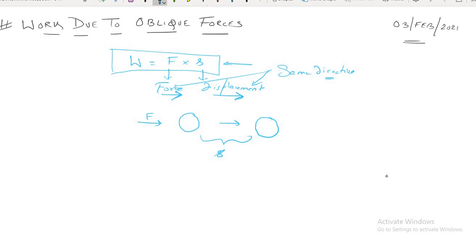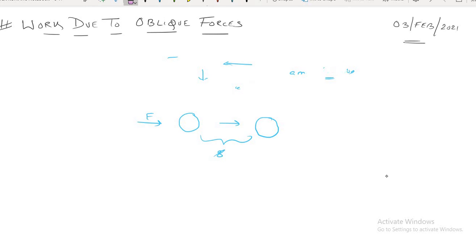Now, every time this type of situation will not arise. That's not true. Let's take an example of a different situation where force and displacement are not acting along the same direction. Let me rub this.